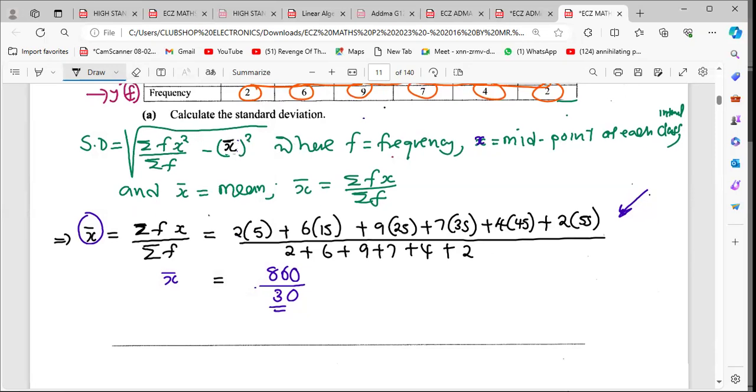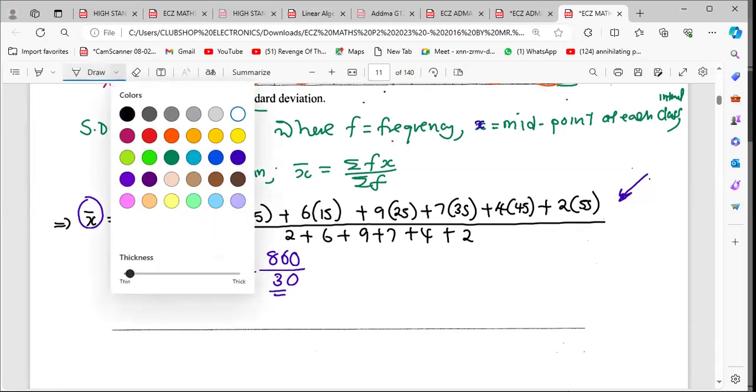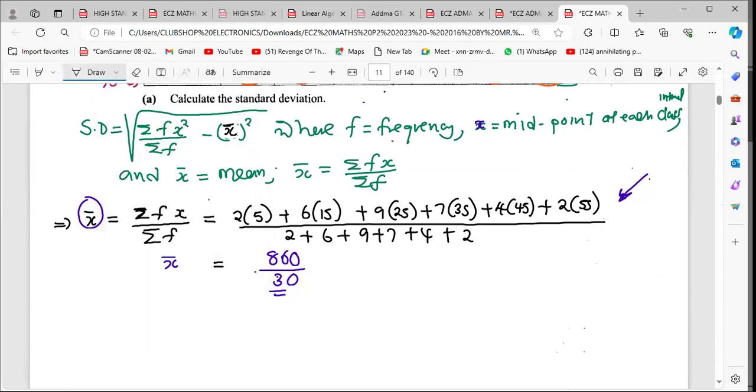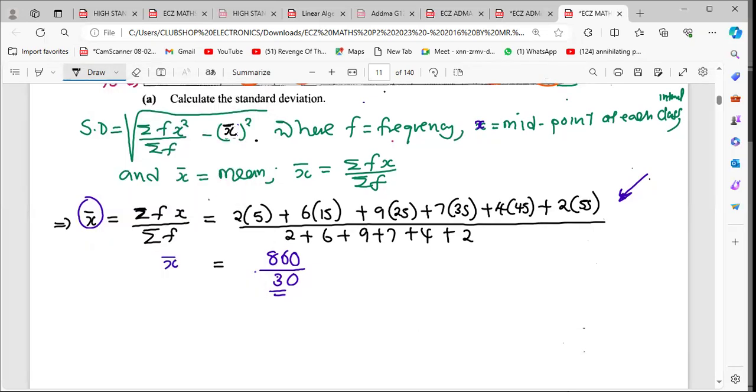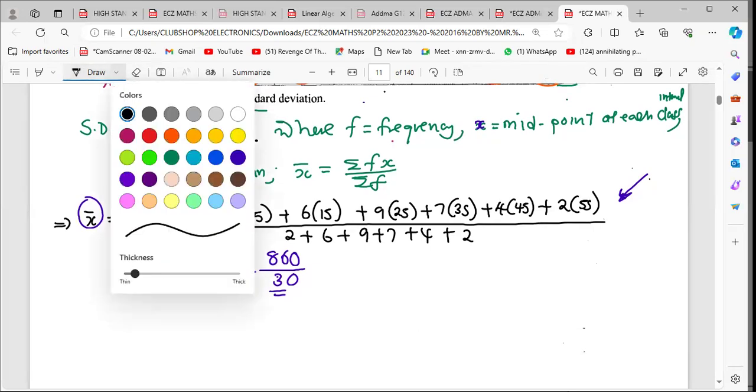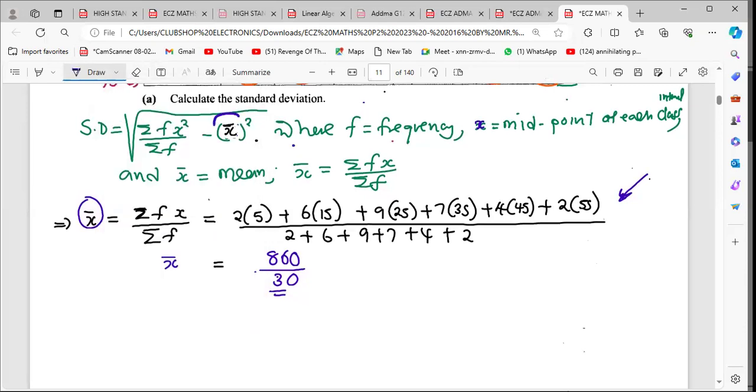So, can we proceed? Observe that for the x bar, we have found this one. Now, we can find the summation of f of x squared divided by summation of f, the first part. Is that okay?